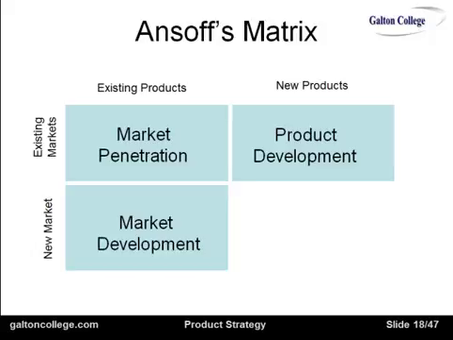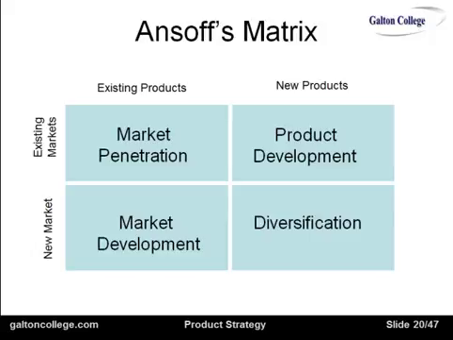And finally, it's possible to bring new products to new markets. And that's known as diversification. So the matrix relates to existing products and new products, existing markets and new markets. And depending on what product has been placed where, that will determine which part of that matrix the company is sitting in.